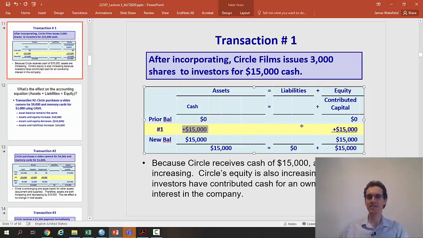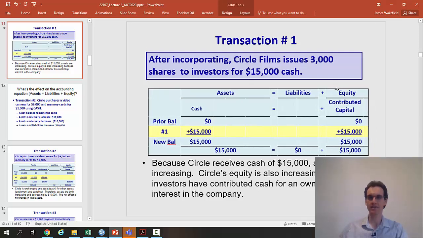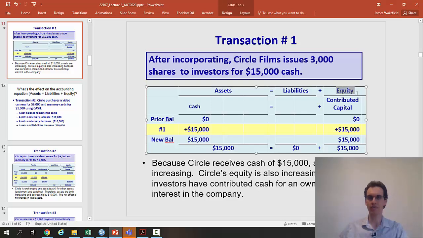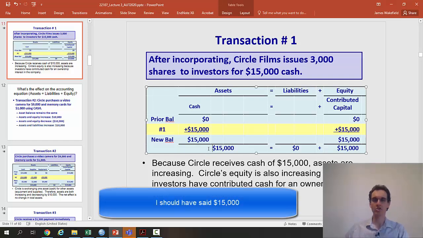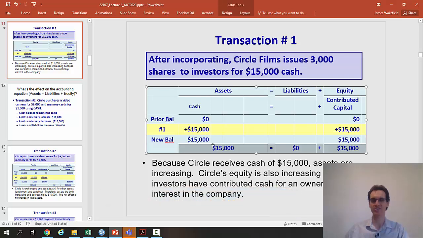And if investors have invested $15,000 in the business, then they have a $15,000 equity stake in that business. So the contributed equity, which is within the equity section of this accounting equation, increases by $15,000. So both sides of the equation increase by $15,000 as a result of the transaction that has just occurred.